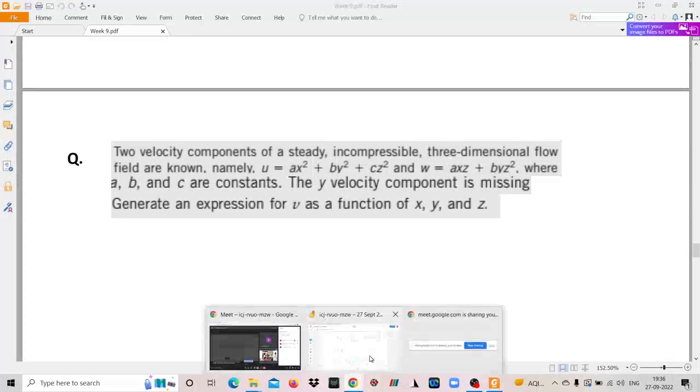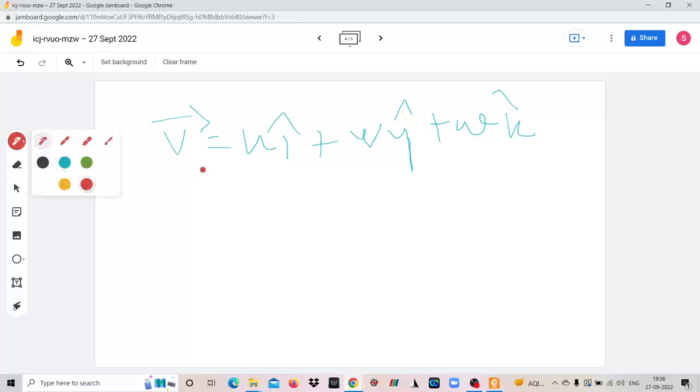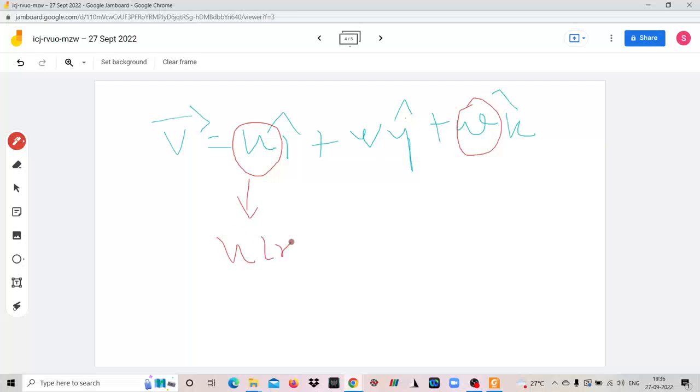So in the given problem, what has been asked of you? There is a three-dimensional flow field u i cap, v j cap, w k cap. Out of these three components, the expressions for u and w are given. So u is a function of x, y, z and t, and similarly w is a function of x, y, z and t.